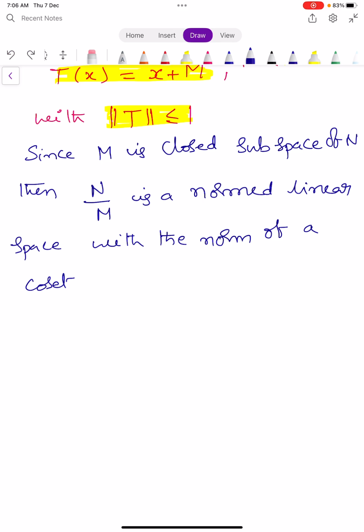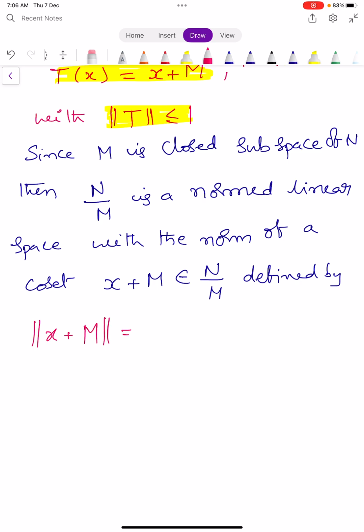Coset means x plus capital M, which belongs to N by M, and the norm is defined by norm of x plus M is equal to the infimum of norm of x plus small m such that small m belongs to capital M.